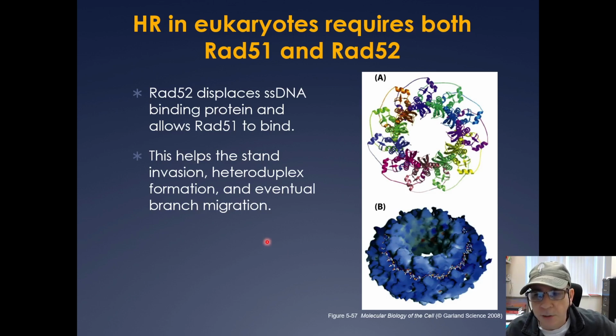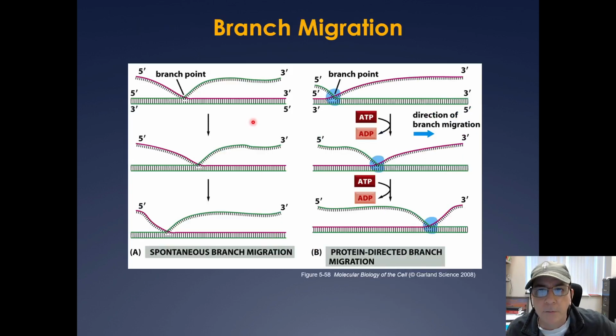And the branch migration is fairly important, right? Having the branch migration regulated is an important aspect of all of this. Normally, if you have your heteroduplex DNA and this branch point, it can go back and forth. There's nothing preventing it from going in either direction.